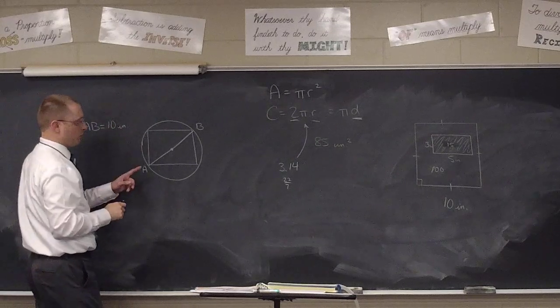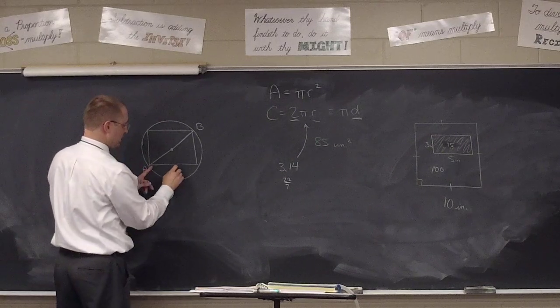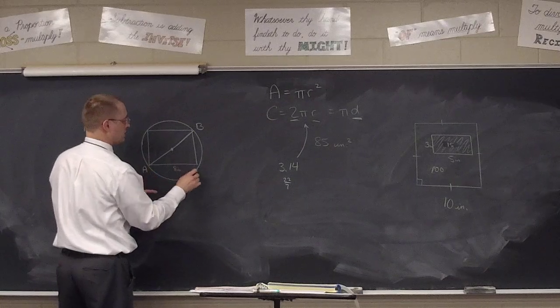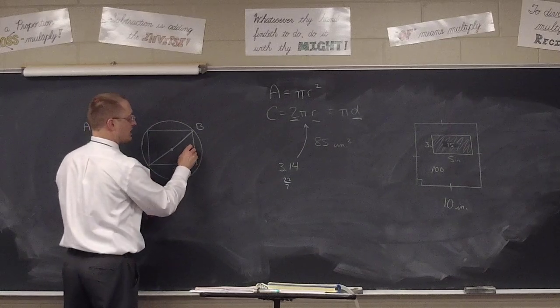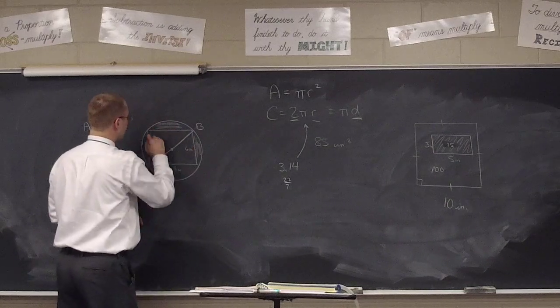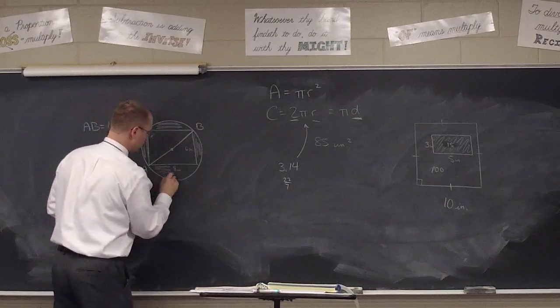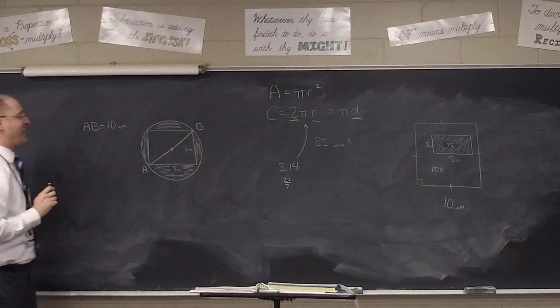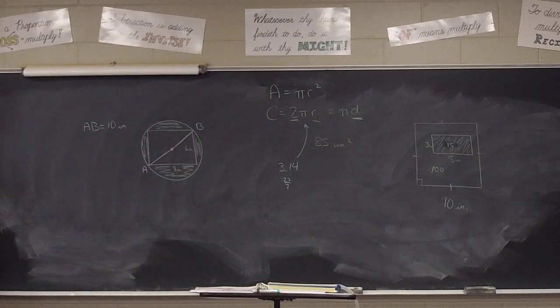And let's suppose this line here was 8 inches, and this line here was 6 inches. And I wanted to find the area of the shaded portion of my circle.